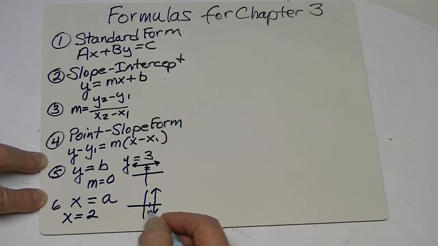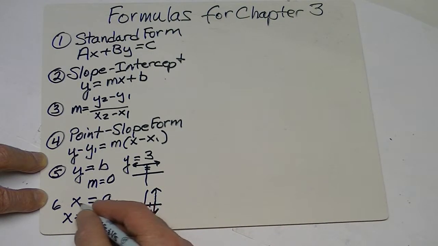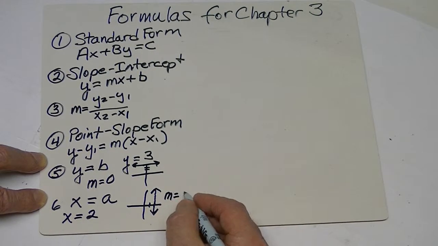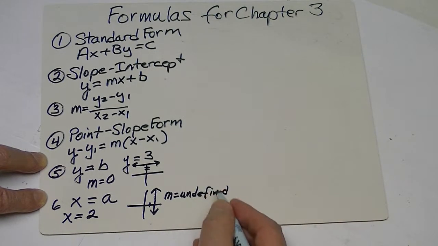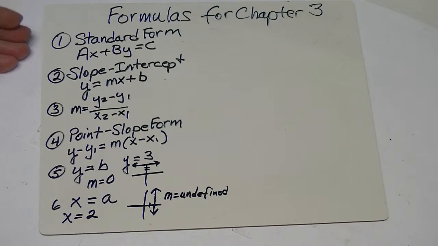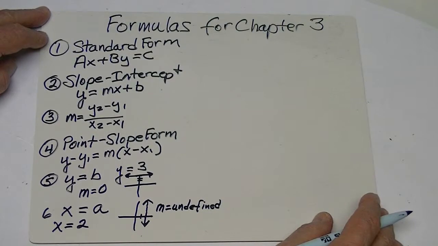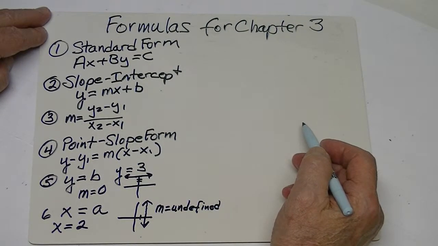And also, let's write it over here somewhere, the slope of any vertical line is undefined. So these are some of the basic formulas that we will be dealing with in Chapter 3.